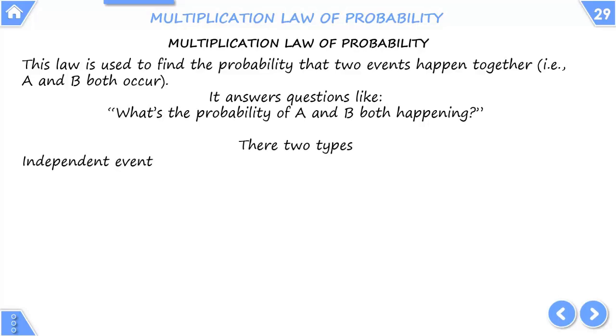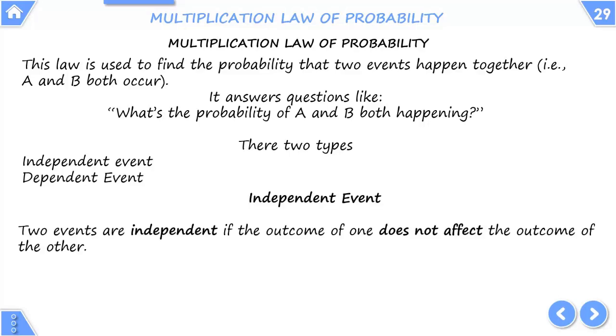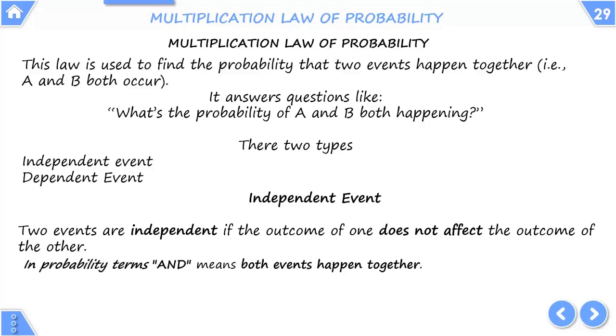There are two types: we have independent events and dependent events. Two events are independent if the outcome of one does not affect the outcome of the other. In probability, the term "and" means both events happen together, like Kofi and Ama. Kofi or Ama is like the addition law, because it can be either Kofi or Ama, any of them, so we add.